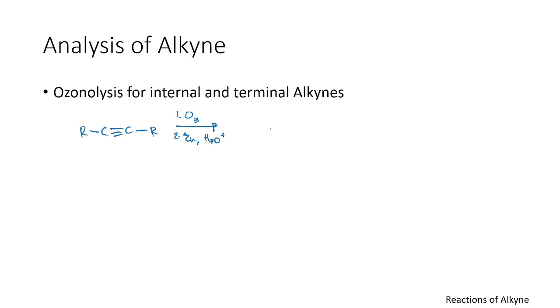What will happen here, as you may have remembered, is that in ozonolysis you need to cut the bonds here. By cutting the bonds here, we have R1 and R2. Our R1 will produce one carboxylic acid, and our R2 will also produce a carboxylic acid.